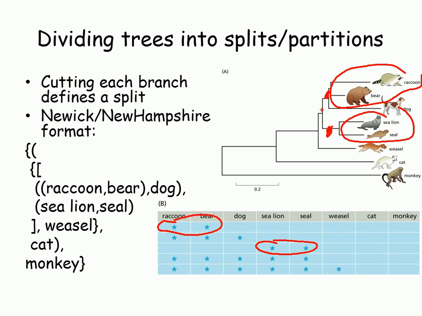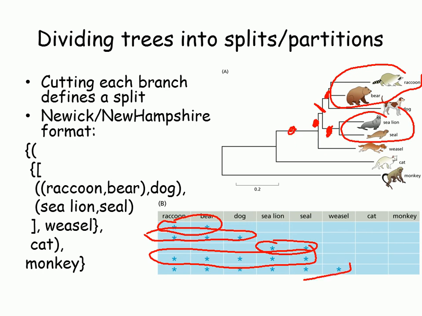Okay? If you cut it over here, you get raccoon, bear, and dog, and everything else. All right? If you cut it at this branch, you get raccoon, bear, dog, sea lion, and seal. If you do it over here, you get also the weasel. Okay? So you can repeat this cut at any branch to get this matrix. I mean this split format.